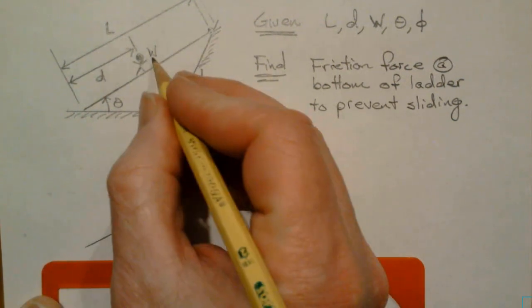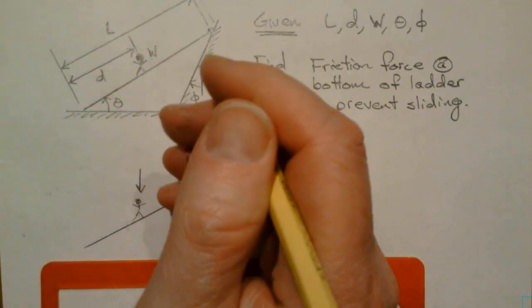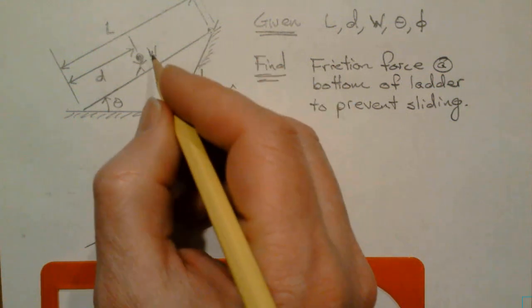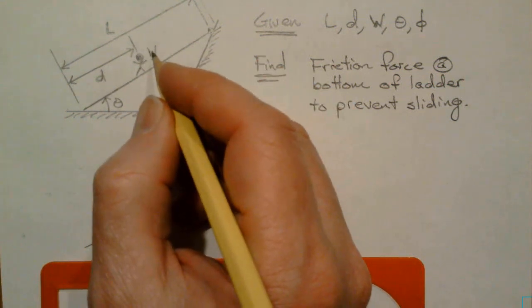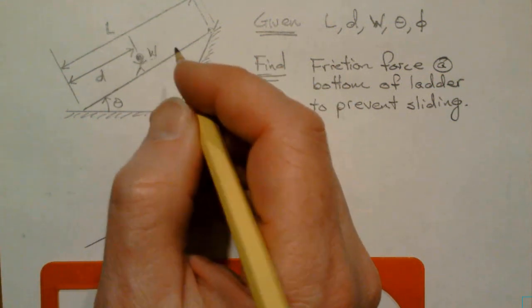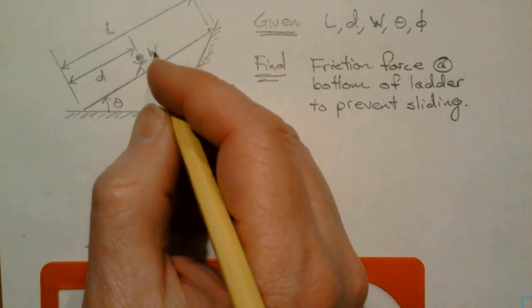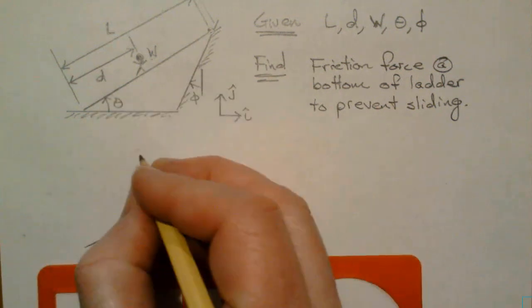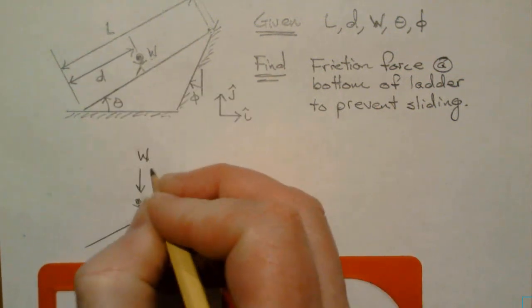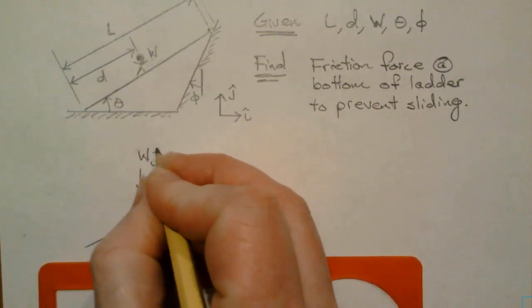So the weight is going to be this W right here. Weight is a force, by the way. This W is just a scalar, a number. It's what I said, 190 pounds earlier. To make it a vector, I have to put it in the j hat direction.